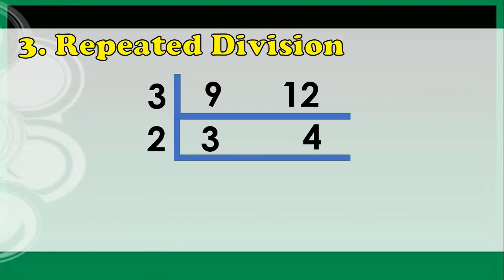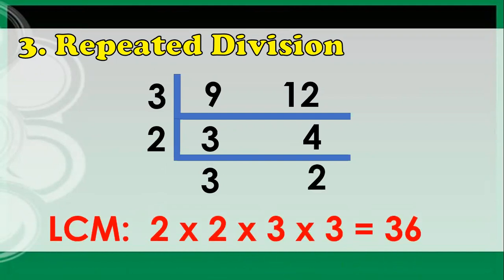So 2, we cannot divide 3, that's why we're going to bring down 3. 4 divided by 2 is 2. So, the LCM of 9 and 12 is 2 times 2 times 3 times 3, which is equal to 36. So, the least common multiple of 9 and 12 is 36.